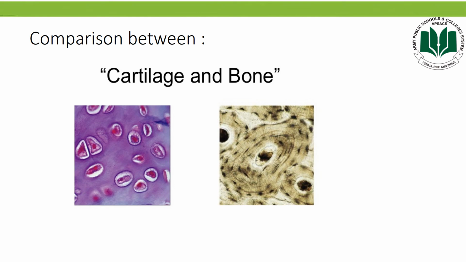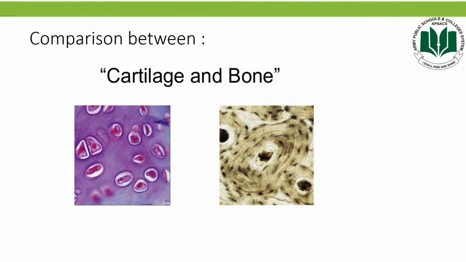There is no mineral deposition in cartilage, but deposition of minerals such as calcium carbonate and phosphate occurs in bones. With the help of this deposition, bones become rigid and hard and provide protection, support and movement to the human skeleton.